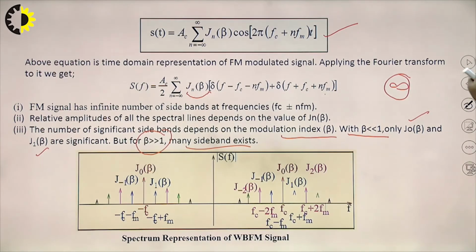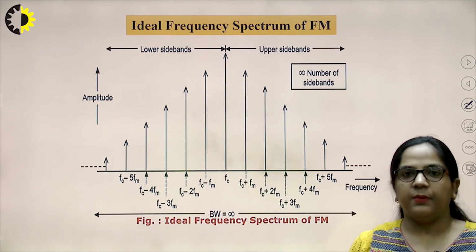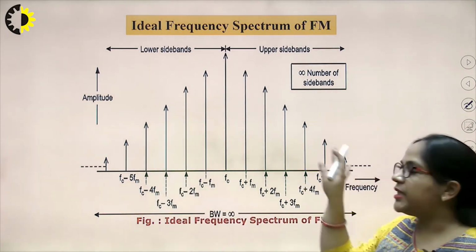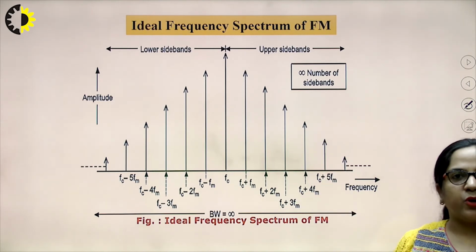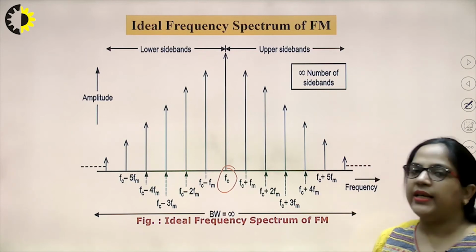Now some more points regarding this FM representation of the signal. This is the ideal frequency spectrum of a frequency modulated signal, where the first term, or the center term, is the carrier signal.